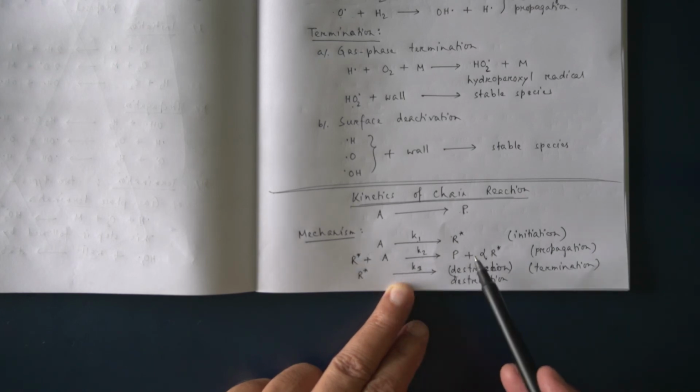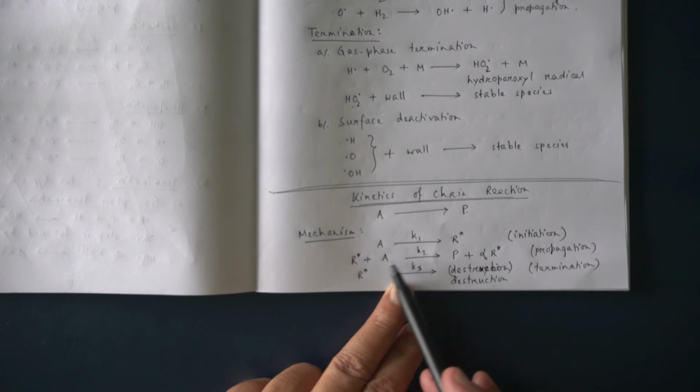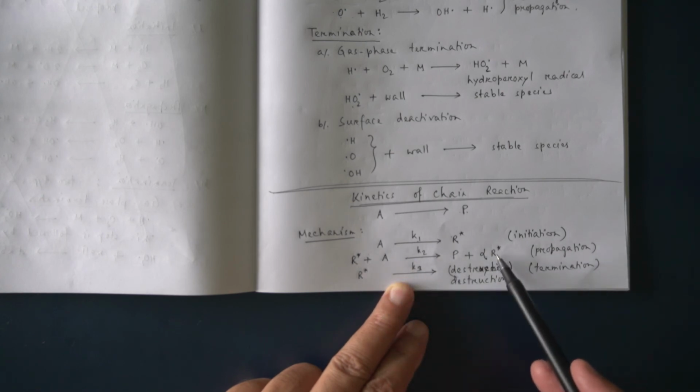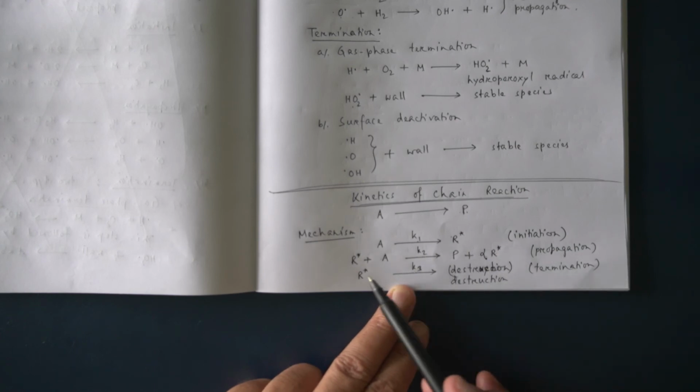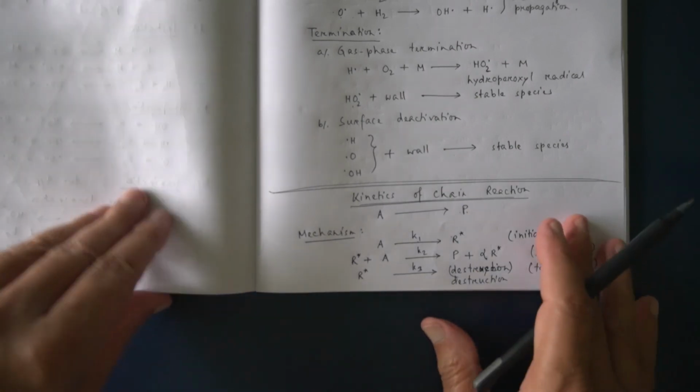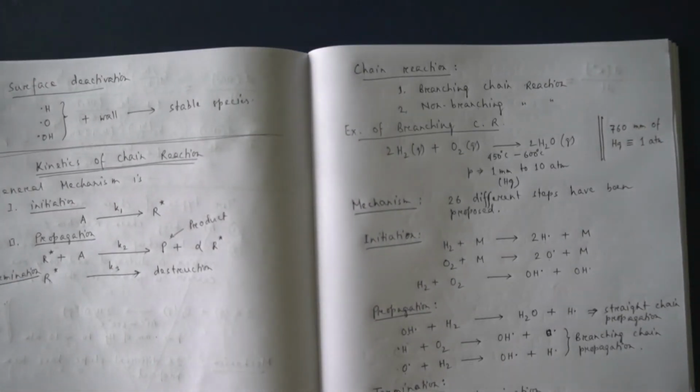So there will be two terms, one for removal, that will be minus this into this, and one for production, that will be plus. And this is of course one term, this is removed. So let me write d[R*]/dt.